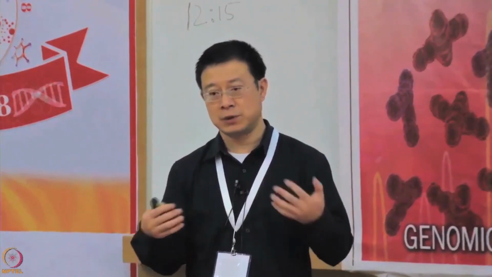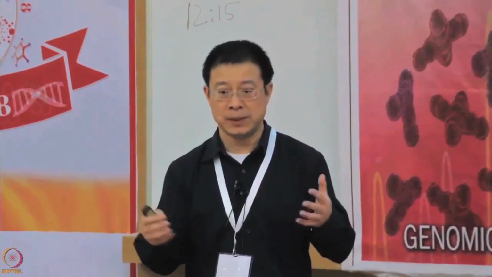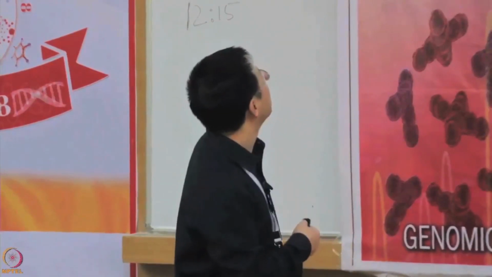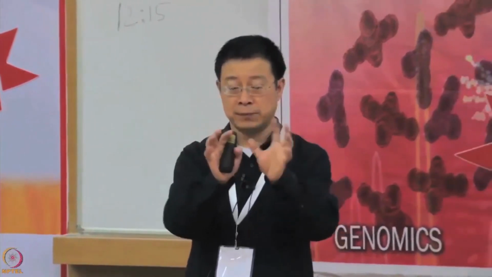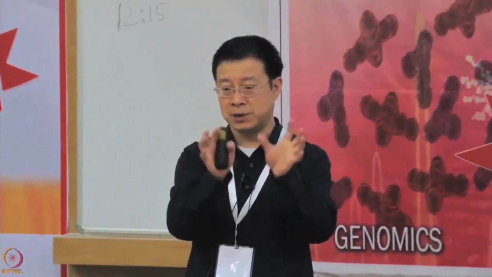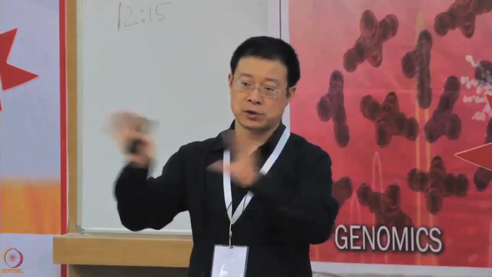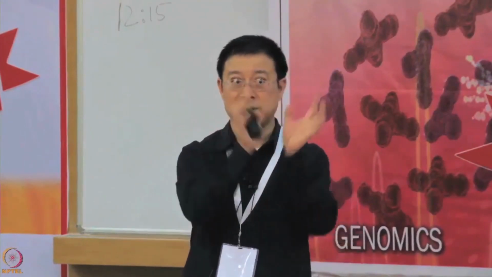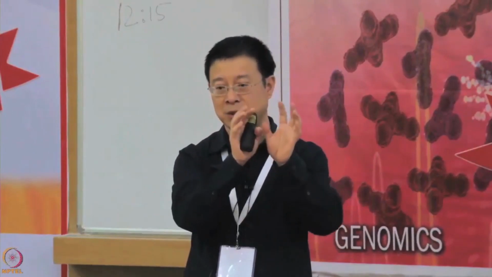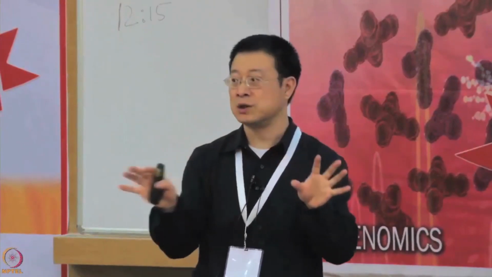For a lot of genes, we don't really know a lot about their functions. And also, it treats one pathway as a separate entity. It ignores the crosstalk between the pathways.